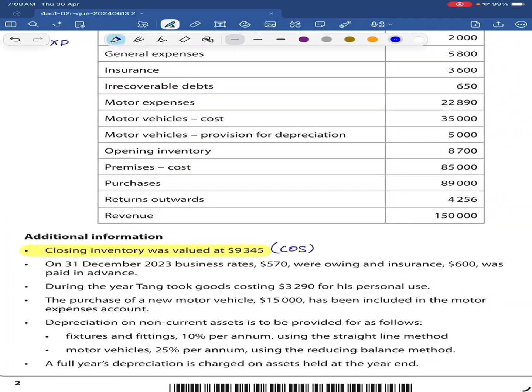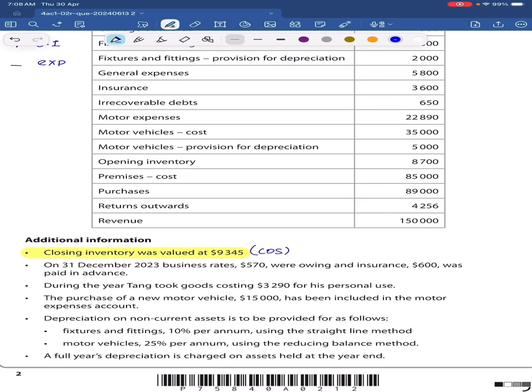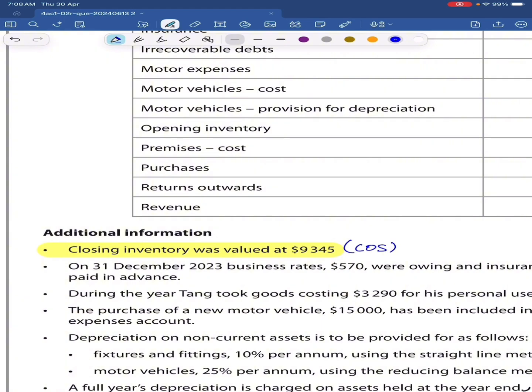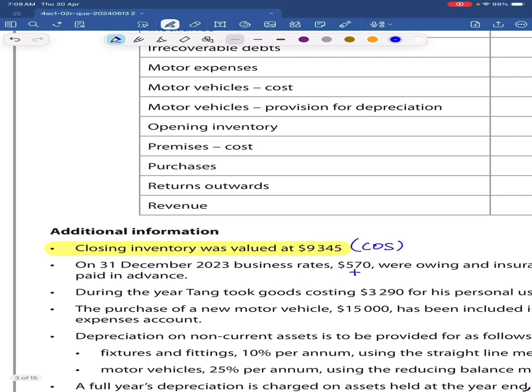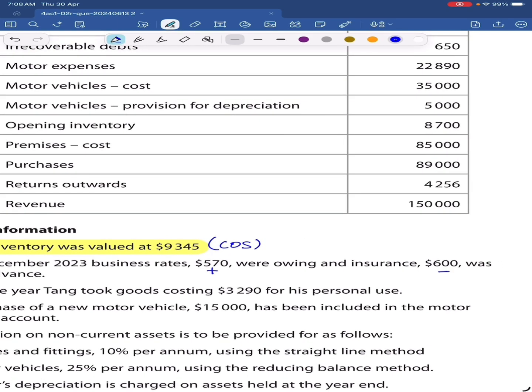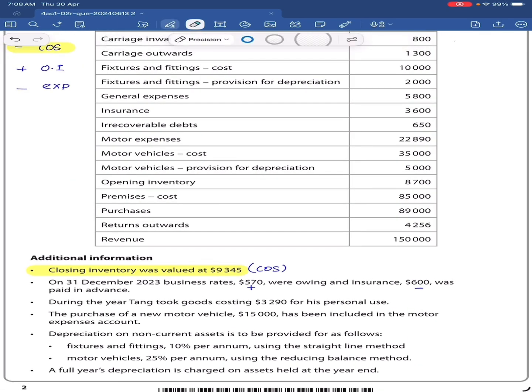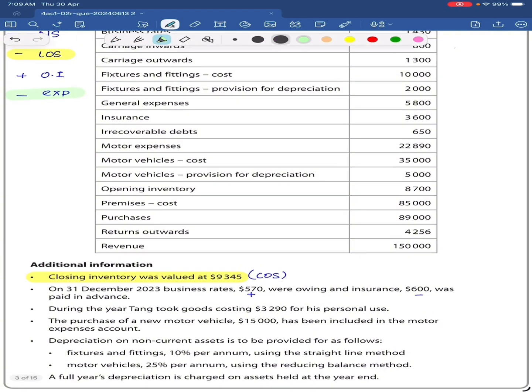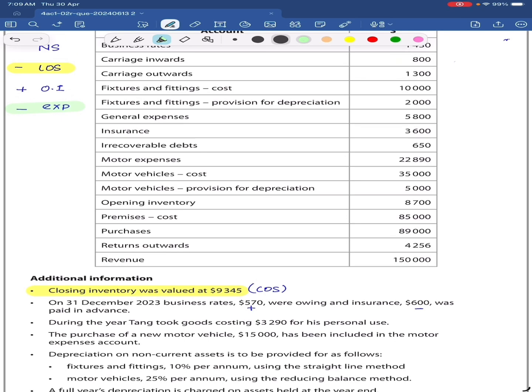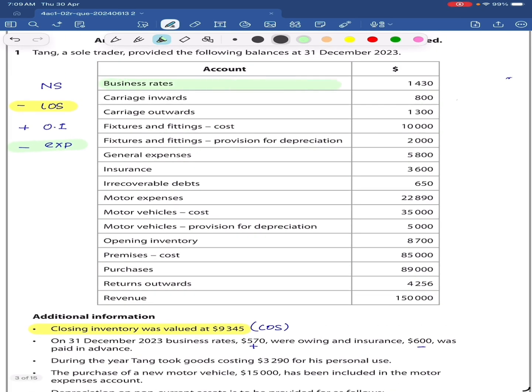On 31st December 2023, business rates 570 were owing. So any amount which is owing at the end of the year gets added, and any expenses which are prepaid or paid in advance are deducted. So let's go to expenses. And under expenses, we have business rates. Let's find out where's business rates. This is business rates. And then there's insurance. Business rates, it's 570 owing.